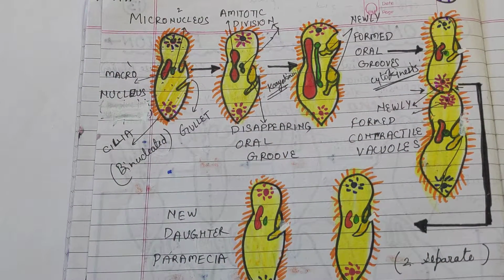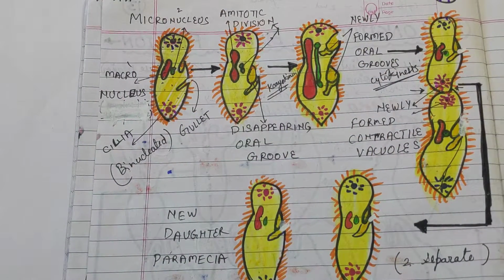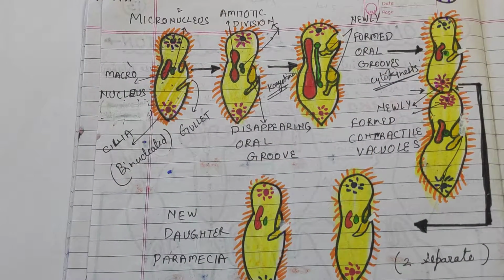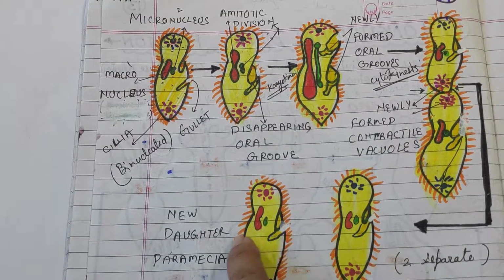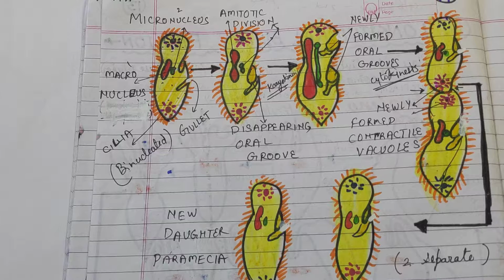Then the division or the reproduction is completed. Or we can say paramecium divides transversely to produce two segments. See here, two segments. Each segment is then converted into a paramecium. Look at the picture. This division takes place due to the formation of a constriction in the mid part of the cell.